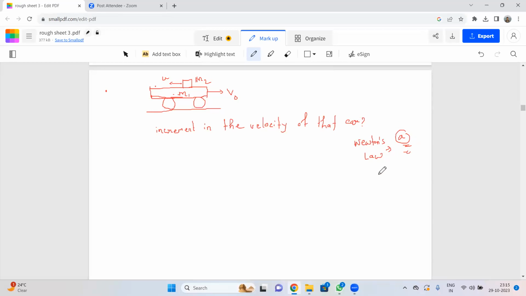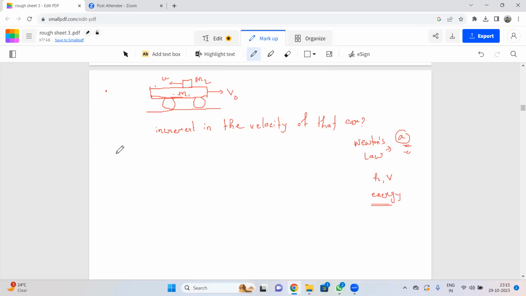If it is based on height and velocity, then we can use conservation of energy. And if it is based on only velocity, then we can use conservation of momentum.